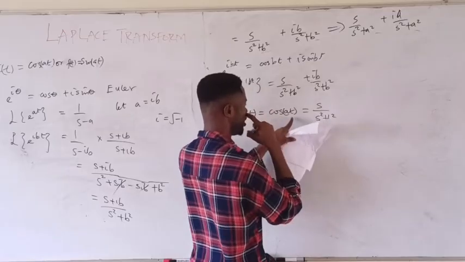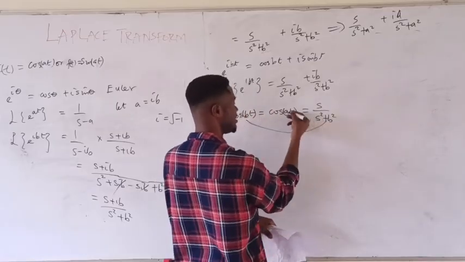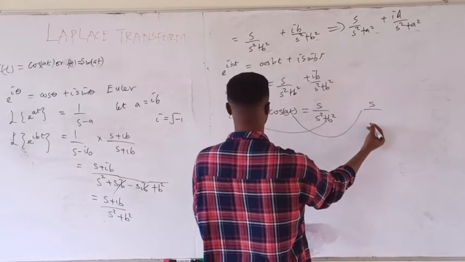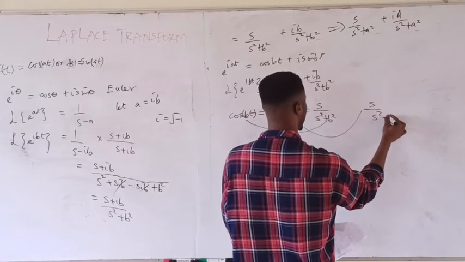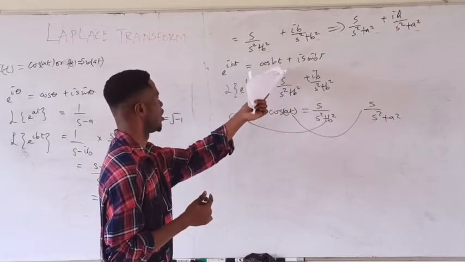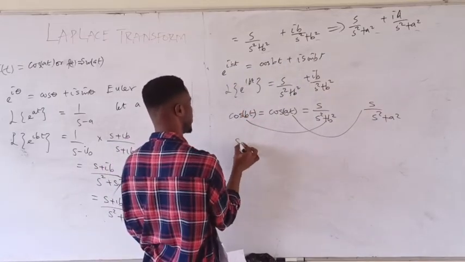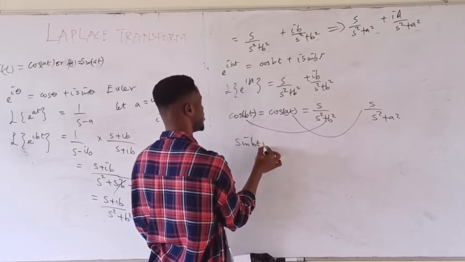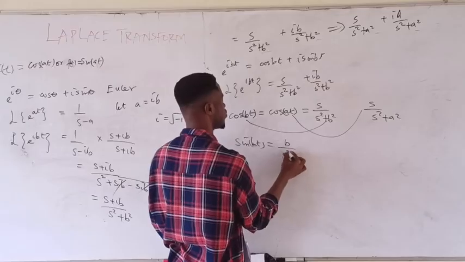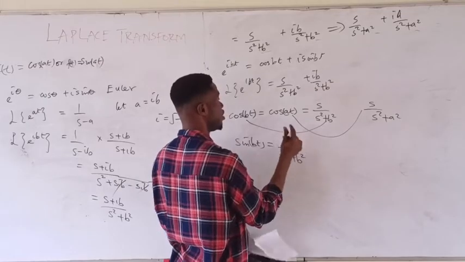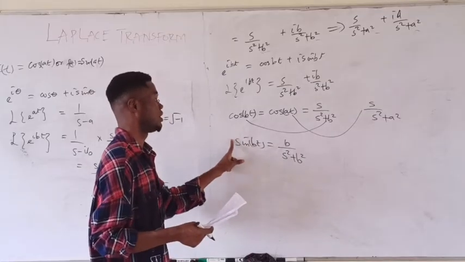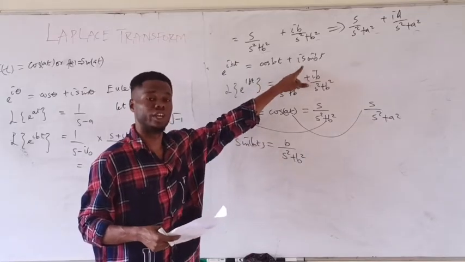So if I want to write it in terms of A, I will just say s over s squared plus a squared. They are just the same thing, okay? Now sin bt is equal to b over s squared plus b squared, because the I can be eliminated from the I on this function here, right?